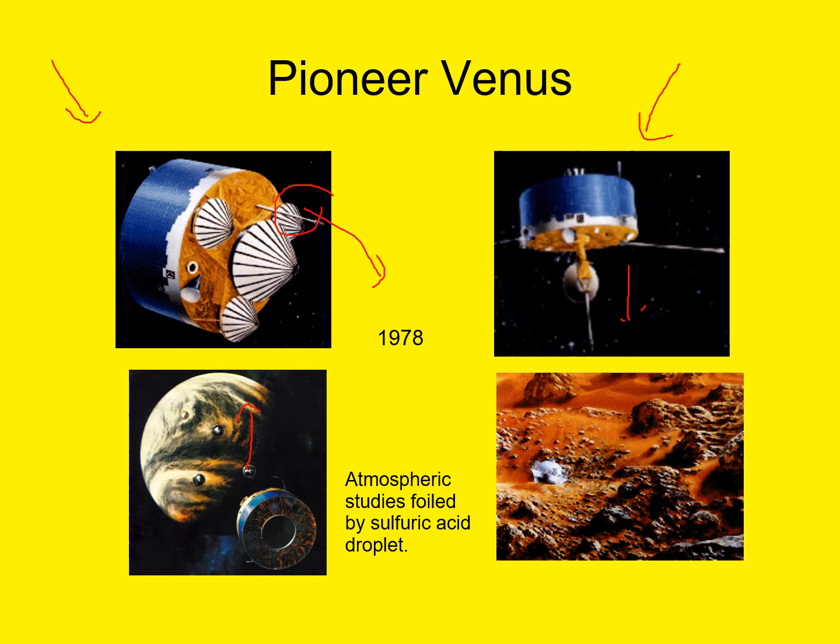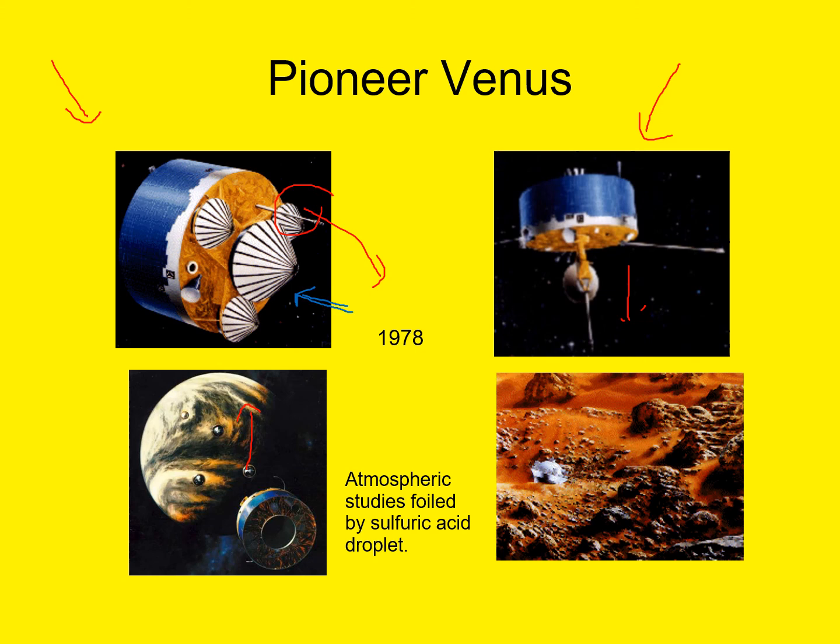The biggest of those 4 probes actually had a mass spectrometer in it. This is a device that measures the masses of atoms. And so it was put together and launched as a project, a PhD project, by a student at University of Texas at Dallas.